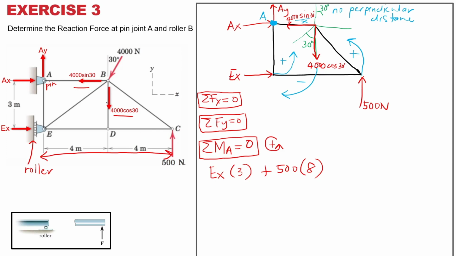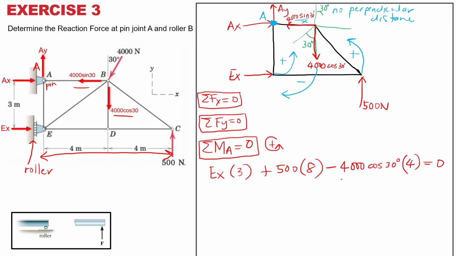Perpendicular distance dekat A kan. So from location A is actually 8 meter. Next, apa lagi? Minus 4,000 cos 30 tu, dia adalah clockwise. So minus 4,000 cos 30 degrees kali dengan distance dia adalah, okay, you guessed it right, 4 meter. Equals 0.